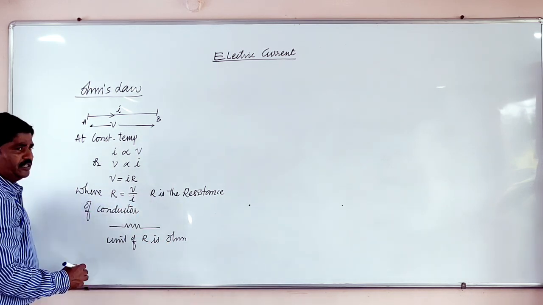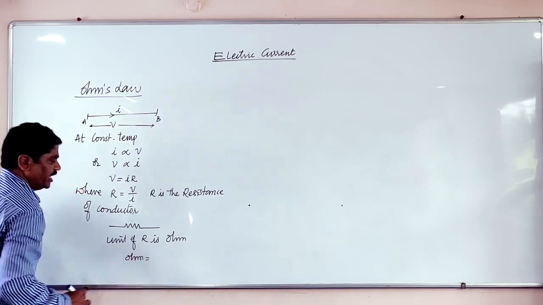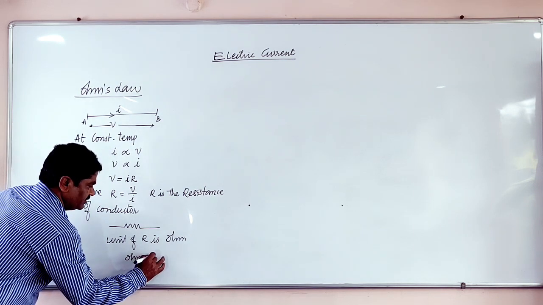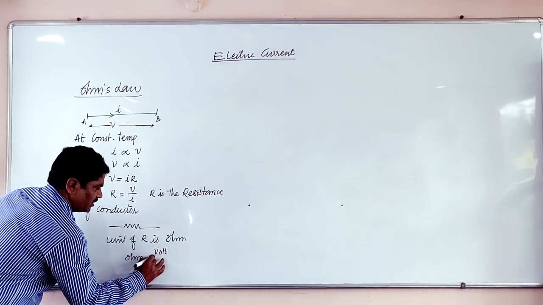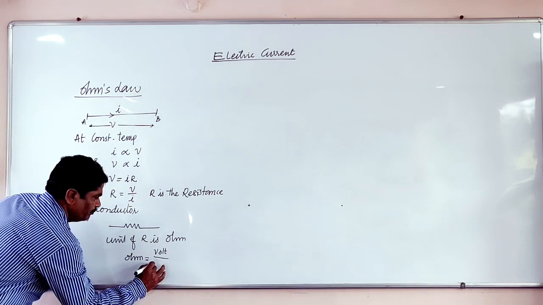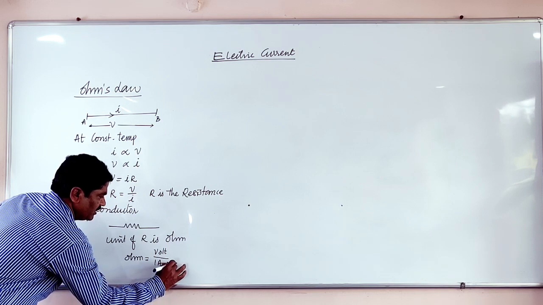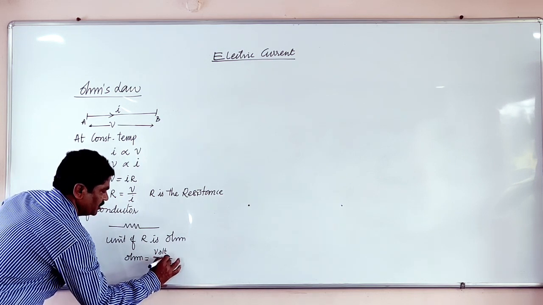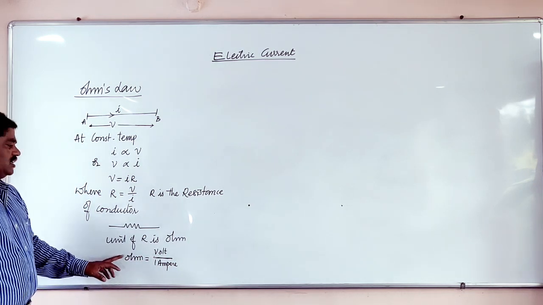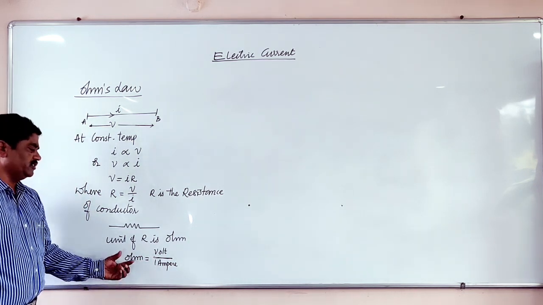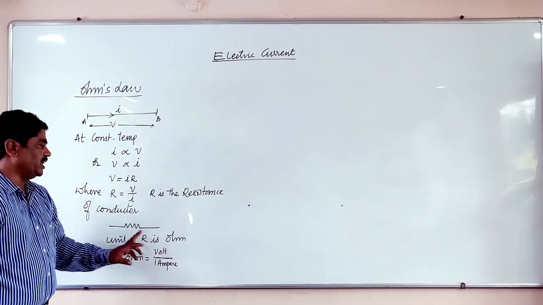Now how can we define this ohm? 1 ohm resistance is the ratio of the potential difference across the conductor of 1 volt to the current flowing through the conductor of 1 ampere. That ratio is equal to 1 ohm, so the resistance of that conductor is 1 ohm. 1 ohm is nothing but 1 volt by 1 ampere.